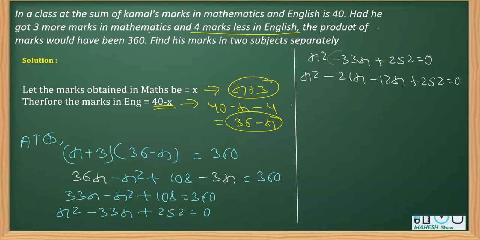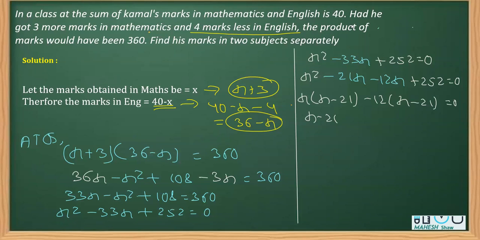Now you need to see it carefully that this is split, right? This one is split, and we split this in terms of 21 and 12. Now what next? We'll be taking x as common, so we'll get x minus 21. And if I take minus 12 as common, I'll get x minus 21 again equal to 0.